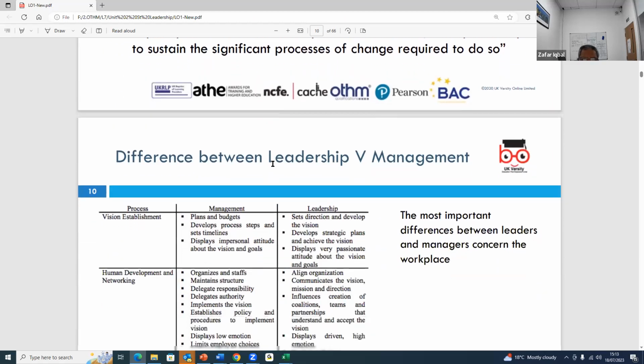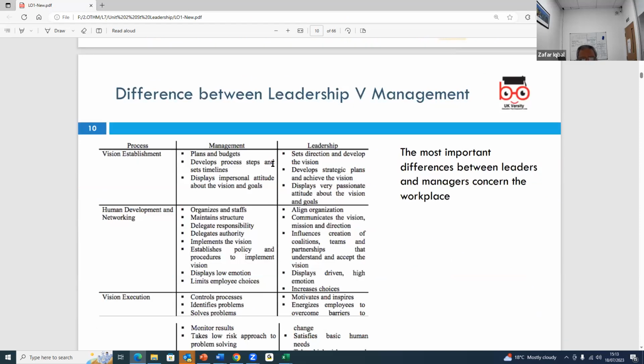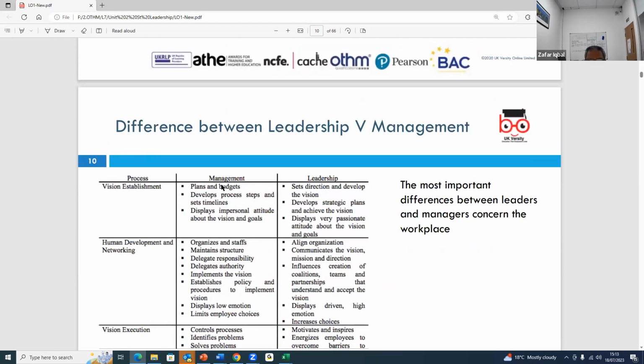So let's look at the difference between leadership and management. I think we've looked at it at the beginning as well. So, just a quick go over management and leadership. If you look at vision establishment and the process, a manager is a planner, a developer of processes, a doer of things.